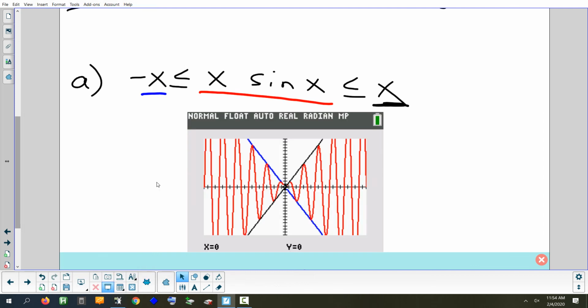So the question is, where is the graph in red above the graph in blue, but under the graph in black? Right. So from which x value? Chris? 0? Including or not including? Including.